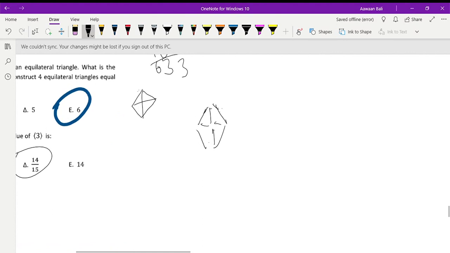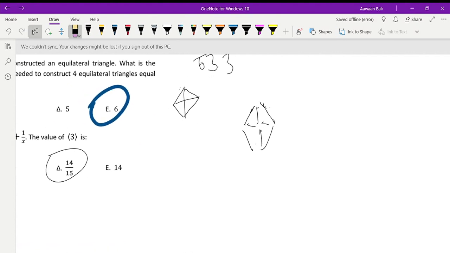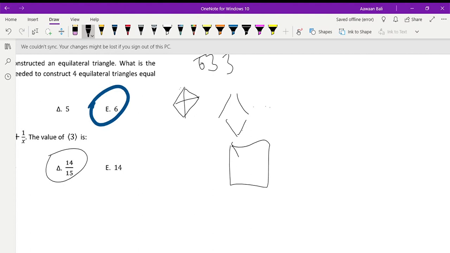1 2 3 4 5 6 7. Oh, sorry. We put 4 matches like a square. And when you make a square, you can actually make some equilateral triangles like this sometimes, if you do it properly.